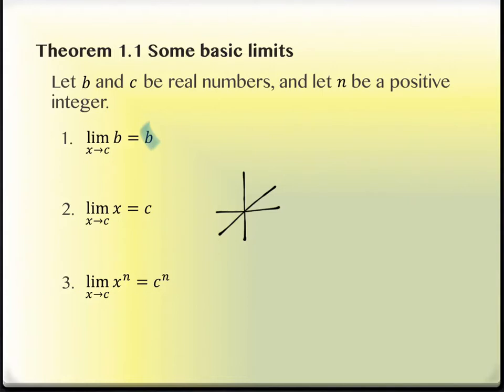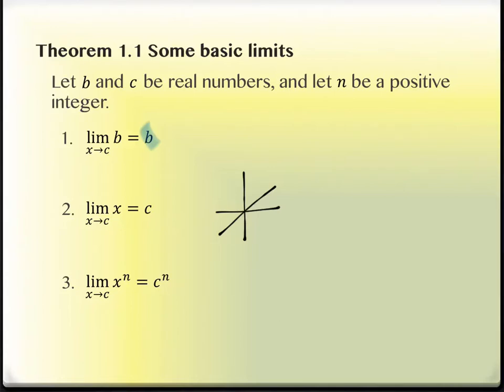So x approaches c and y, or the limit, will approach c. This last one is actually an extension of the second one. It talks about if you have a polynomial, so if you have x raised to the power of n and you're letting x approach c, then you're actually letting that become the same as c itself. So c to the n is what you end up with.